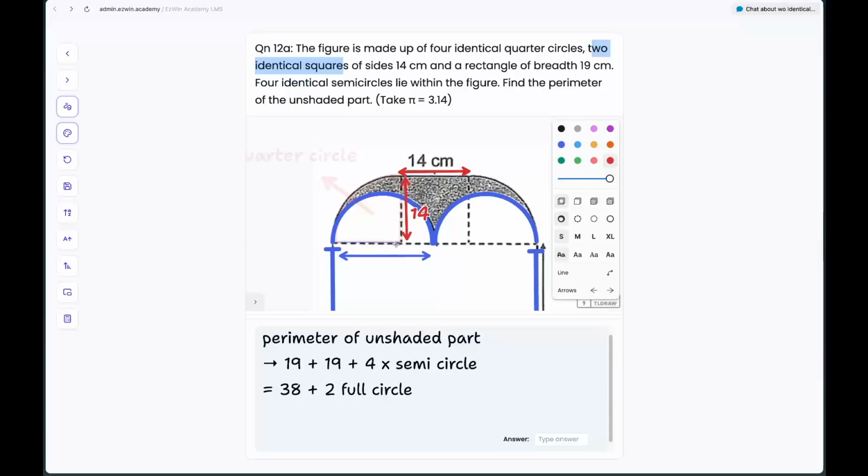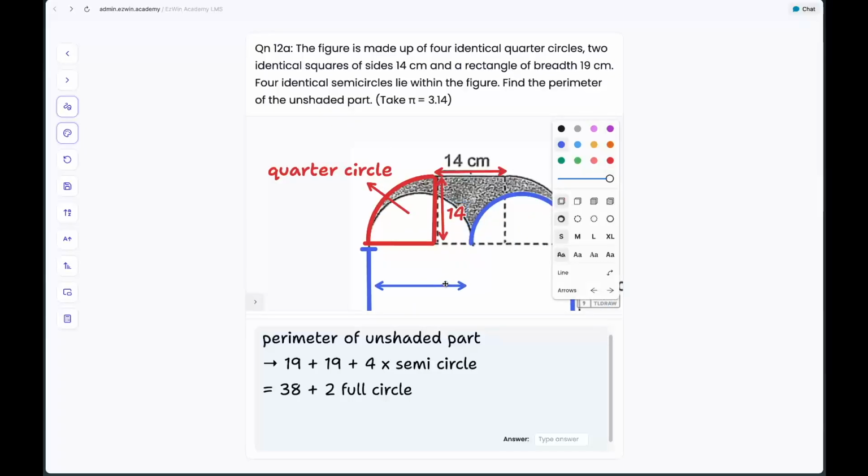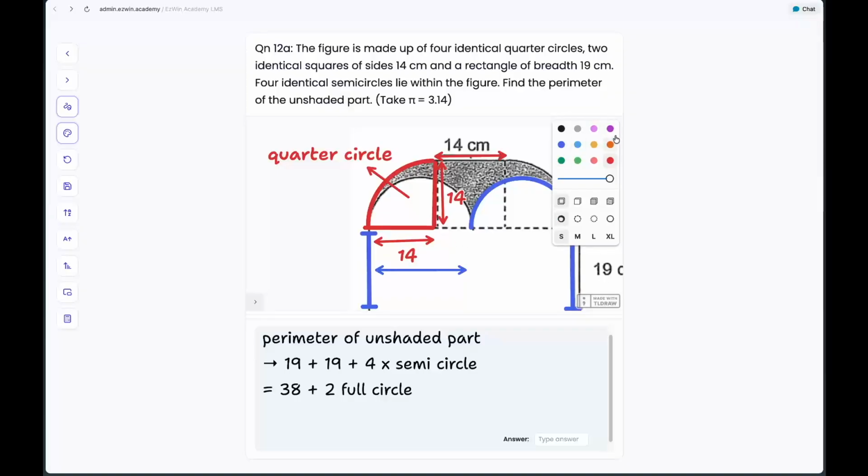Which also means that this is a quarter circle, like we mentioned earlier. So if the radius is 14, that means this is also 14. That's what we see over here. Then we need this little last part.